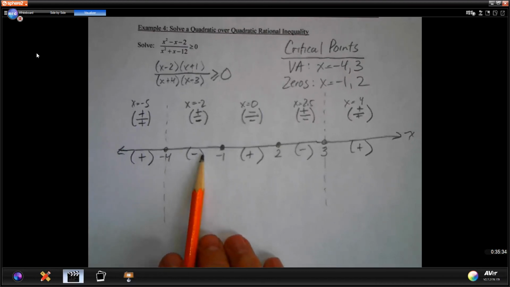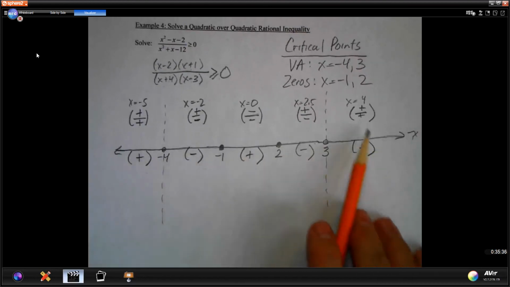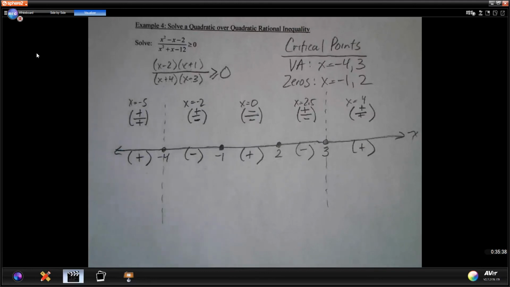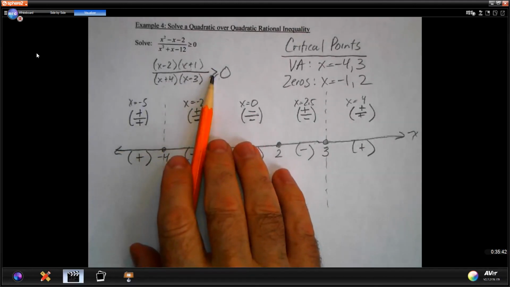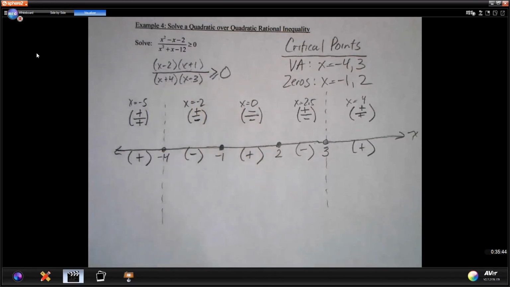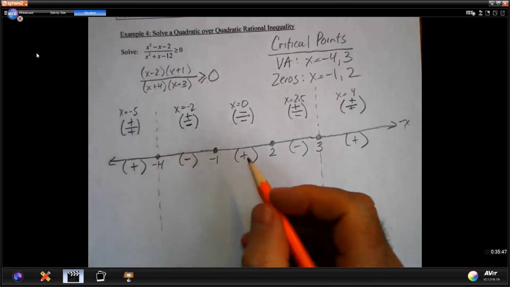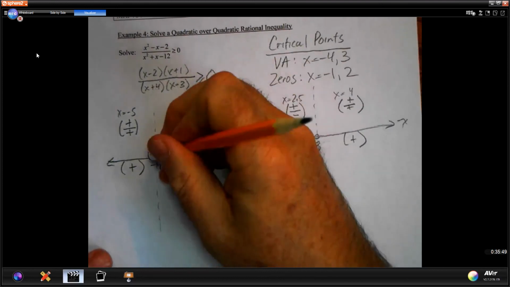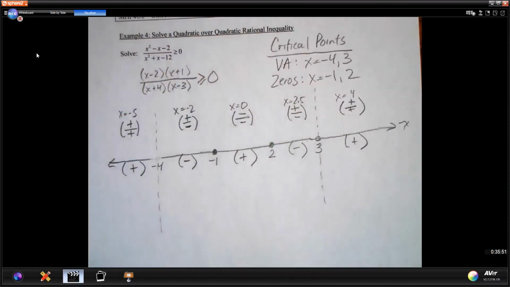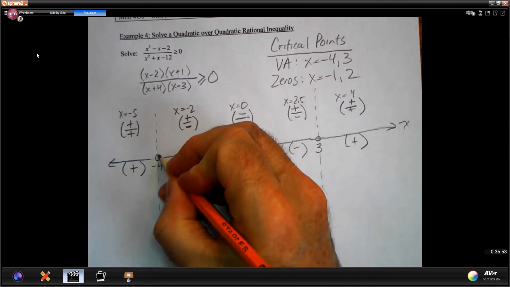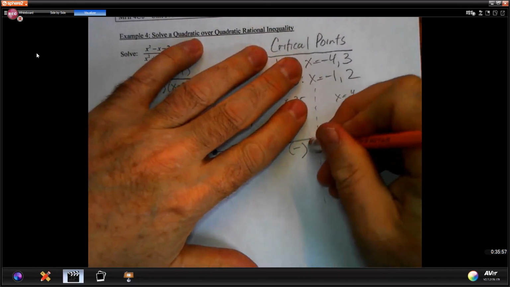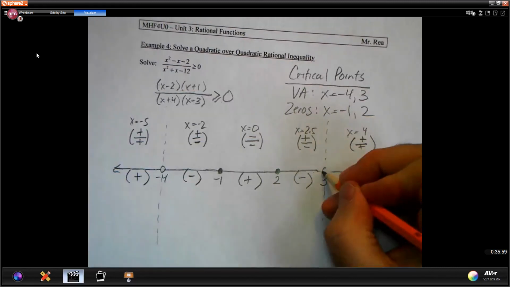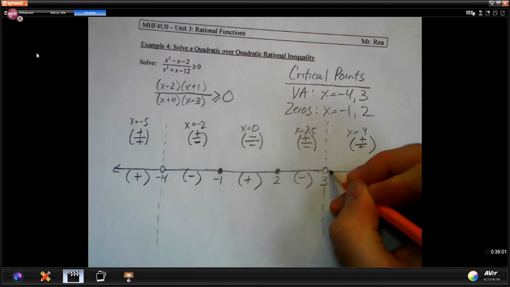Okay, so I've got my boundaries. I've also got the sign of the function between the boundaries, or the intervals. And now I go back and remind myself, oh, I'm looking for positive values or zeros. Now just to make this super clear, the asymptotes would be open circles because the function is not defined at those values.